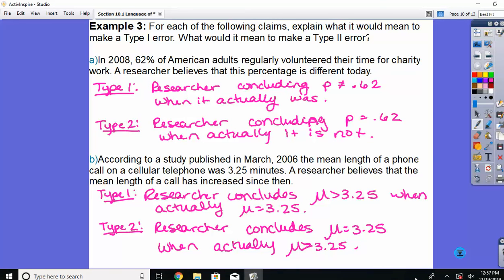Questions there? Alright, so basically type 1 error is when you assume the alternative is true. Type 2 error is when you conclude that the null was true, but you are wrong in both cases. That's why it's an error.